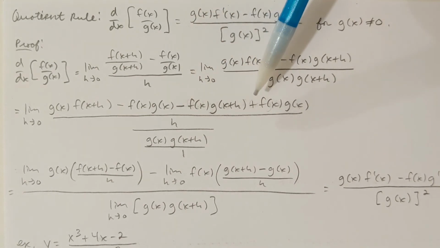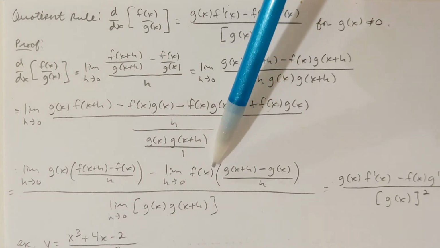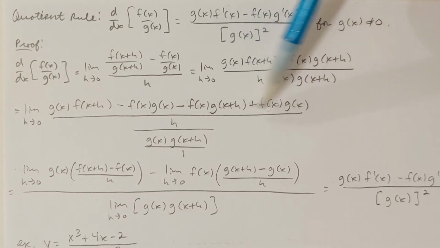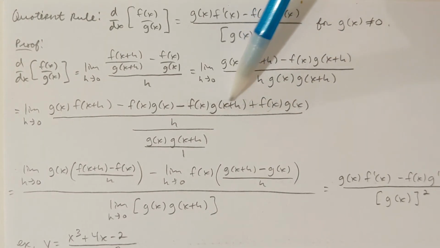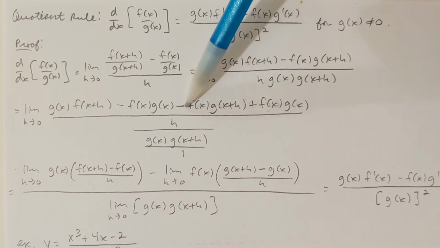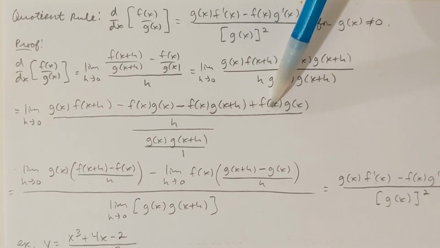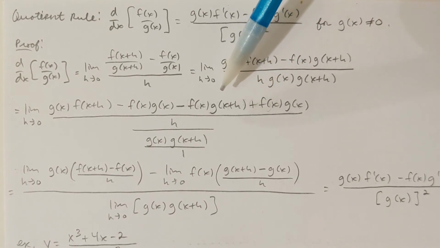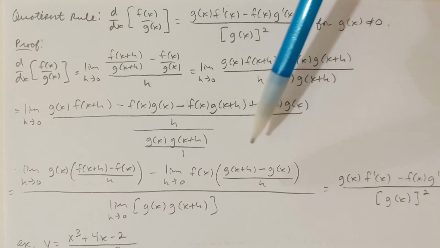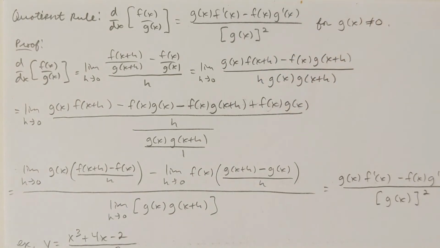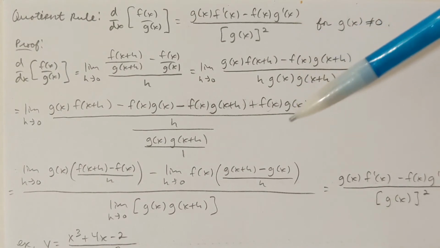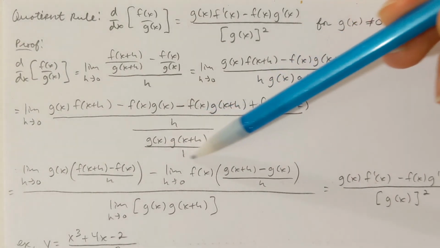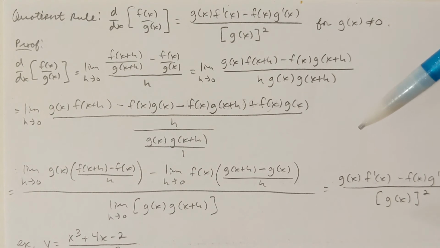Minus, with the second term, f of x is common, and I can factor that out. The leftover fraction would be g of x plus h minus g of x, all over h. The denominator I'll just keep as is.